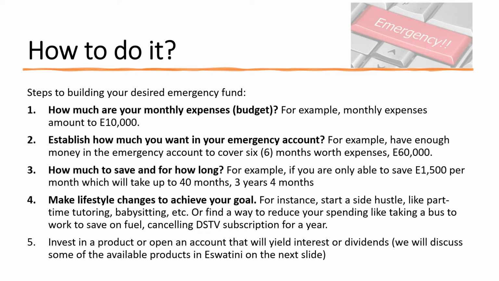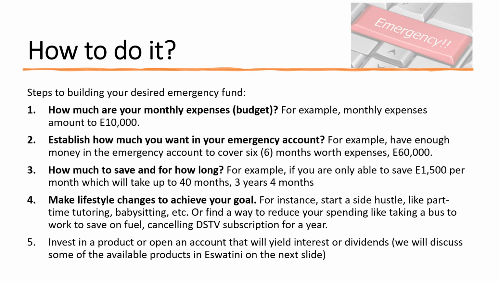And you can also supplement that 1.5 or that excess amount that you have by making just a few lifestyle changes. You can start a side hustle, do part-time tutoring, or babysitting, and you can also work on reducing your monthly expenses.